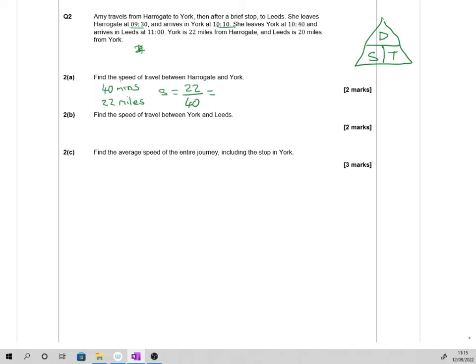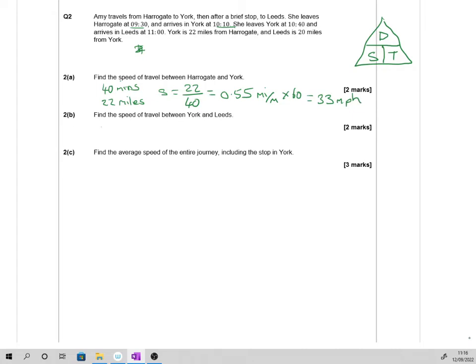So 22 divided by 40 equals 0.55, and that is going to be miles per minute. Now if we want miles per hour, we just multiply that by 60. Times 60 is 33 miles per hour.